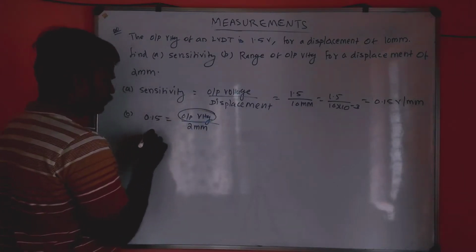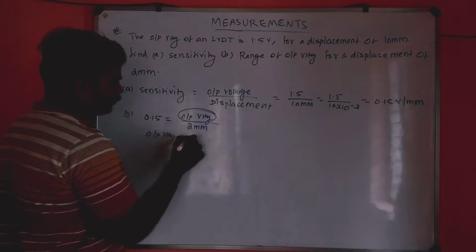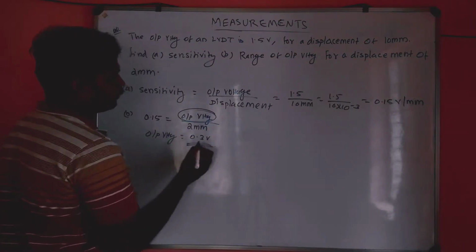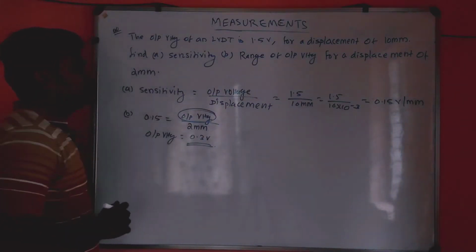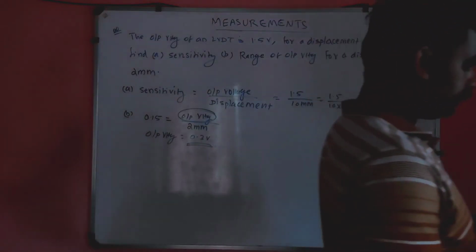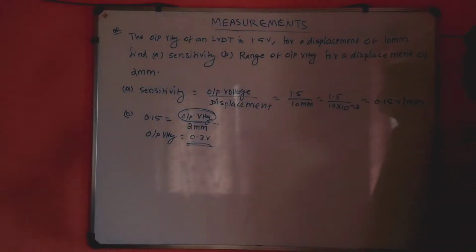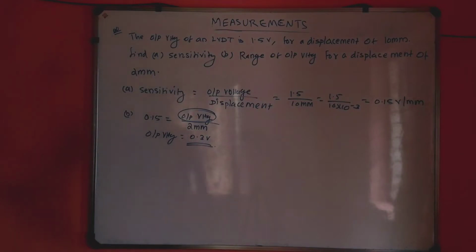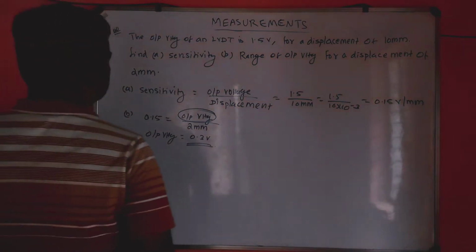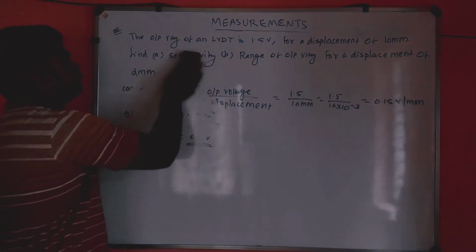So the output voltage will be equal to 0.3 volt. Normally you can solve all LVDT problems in millimeter because it is used to measure that much small distance. So mm is not a problem while solving. Is it clear, my dears? Is there any doubt?